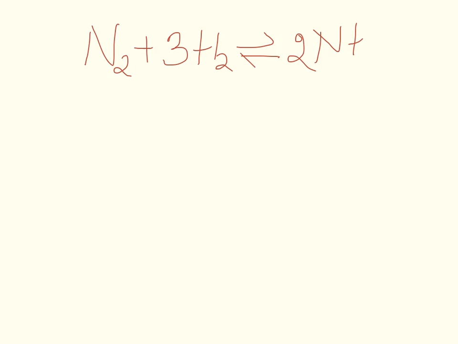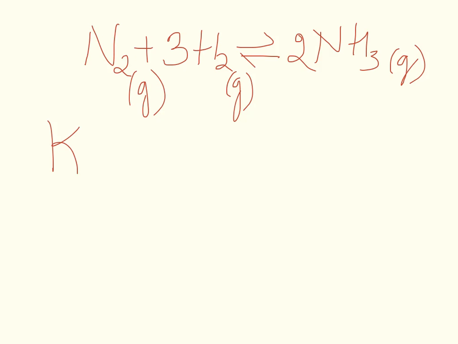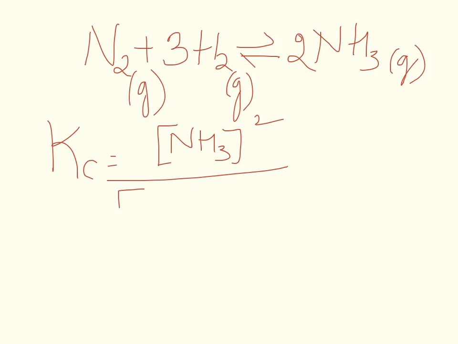So another example, nitrogen plus 3 hydrogens are in equilibrium with 2 ammonia, all of them being gases. Kc would be concentration of ammonia squared divided by concentration of nitrogen and concentration of hydrogen cubed.